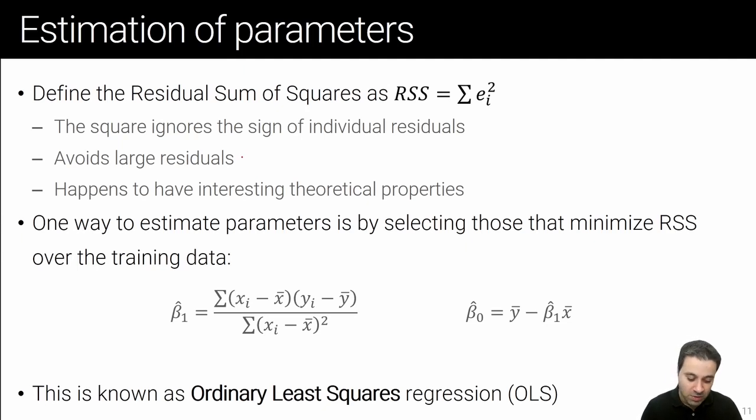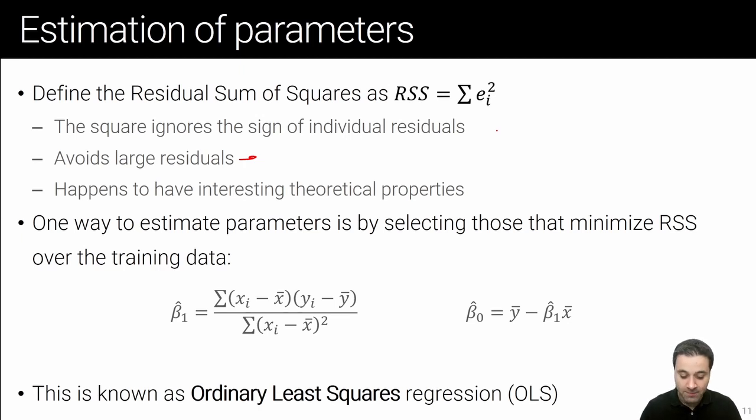It's going to also point in the direction of high residuals, because if we have a very high residual, when we square it, it's going to be even higher compared to the others. And so it's going to hint us in the direction that there might be certain observations that are estimated very poorly by the model. And it also happens to have some interesting properties that we're not going to get into in terms of differentiation and everything.